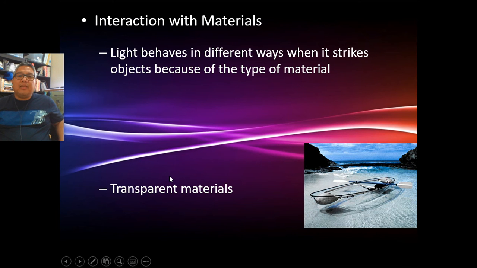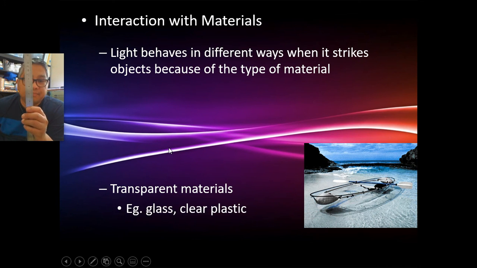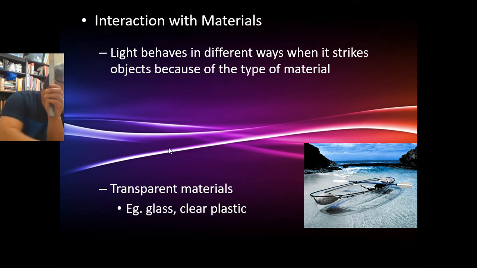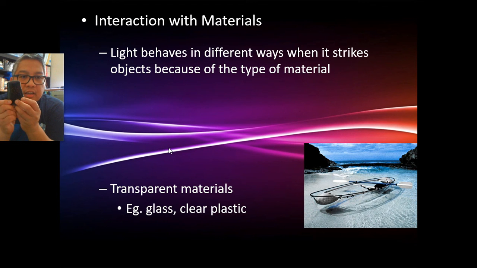Interaction with materials. Light behaves in different ways when it strikes objects because of the type of material. A shiny object like this can reflect light, right? But an object like this one, since it's dark and not really smooth, will absorb more light.